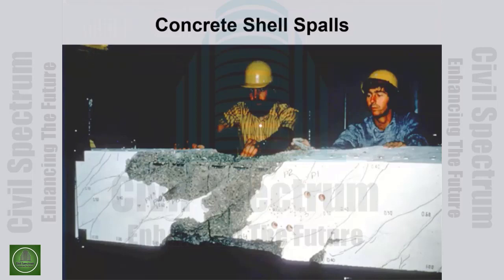If the compression becomes high enough, the concrete will begin to spall, typically at the corners, and then it will spread, and ultimately we will lose much of the cover. So in torsional design, we depend basically only on the steel cage.